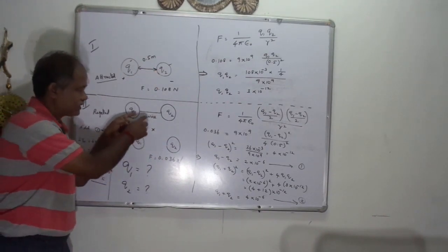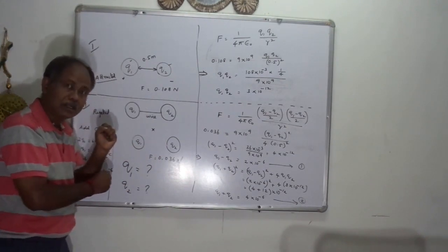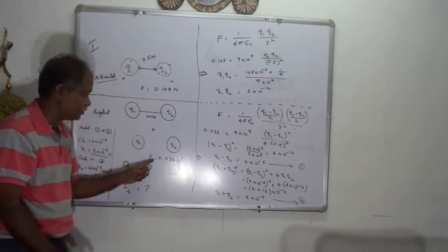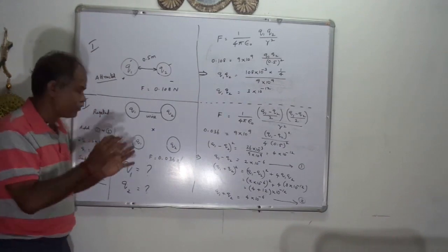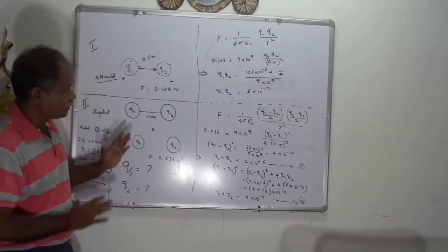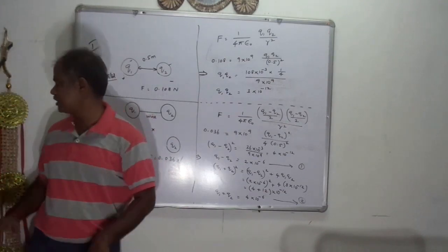The only thing is we connected a wire and then removed it. Now there may be a change in force, that is, the force is 0.036 Newton. We are asked to find the value of the initial charges Q1 and Q2. I have already derived these things, so I will just give the explanation alone.